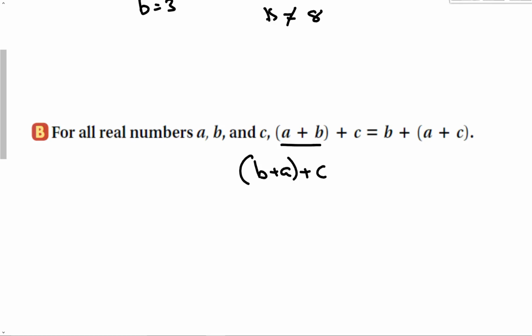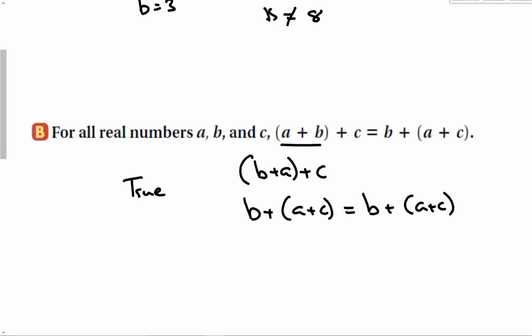Then let's use the associative property to say that I can associate the parentheses with different things to say b plus a plus c is the same thing as b plus a plus c. So using my properties, I was able to show that the two sides are equal to each other. So this is true.